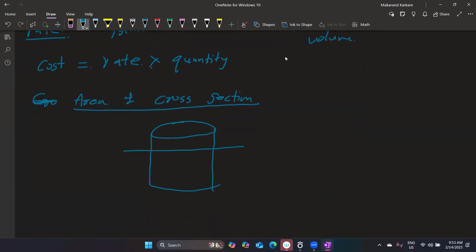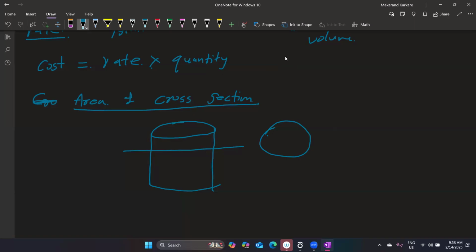Circle. The newly exposed surface area is going to be a circle. So we say that the cross section of a cylinder is a circle. Does that make sense?